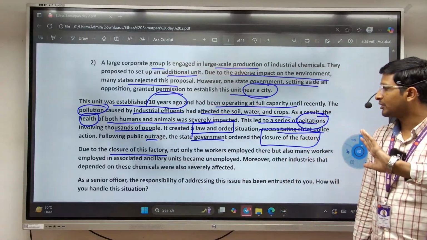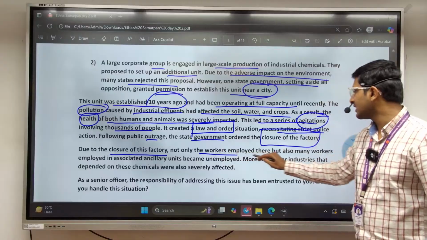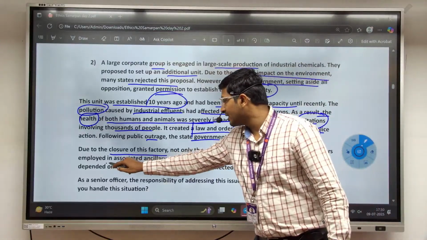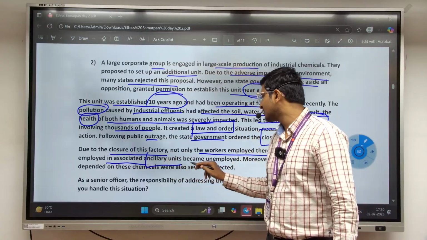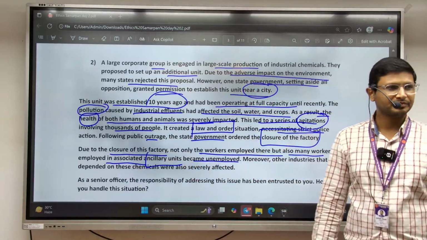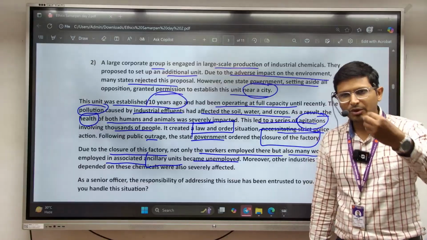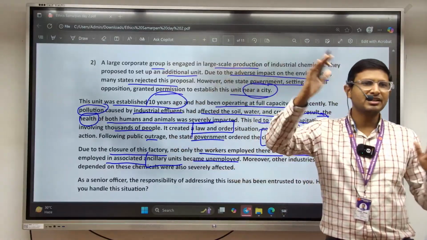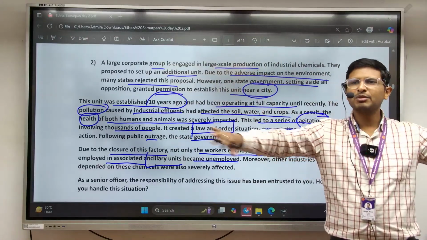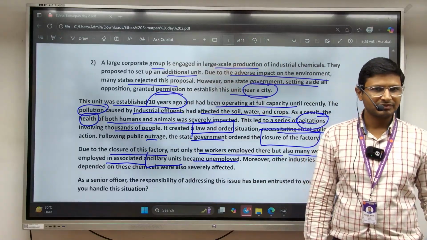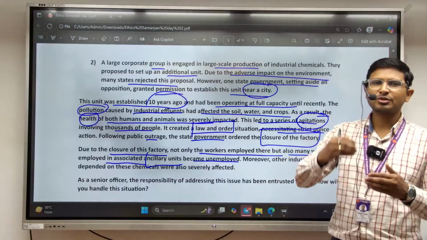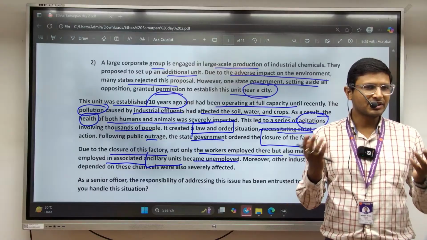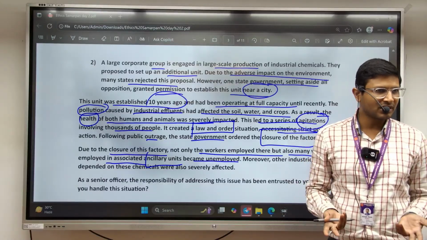Due to the closure of the factory, not only workers' employment there, but also many workers employed in associated ancillary units become unemployed. मतलब वर्कर्स तो अनएम्प्लॉयड हुए हैं. ऐसी इंडस्ट्री जो उस बड़ी इंडस्ट्री पे डिपेंडेंट थी, वहां के भी वर्कर्स अभी अनएम्प्लॉयड हो गए. जैसे कि उस इंडस्ट्री को अगर कोई मटेरियल सप्लाई करने वाली इंडस्ट्री हो या मशीन सप्लाई करने वाली इंडस्ट्री हो, उसके भी वर्कर्स अनएम्प्लॉयड हो जाएंगे.